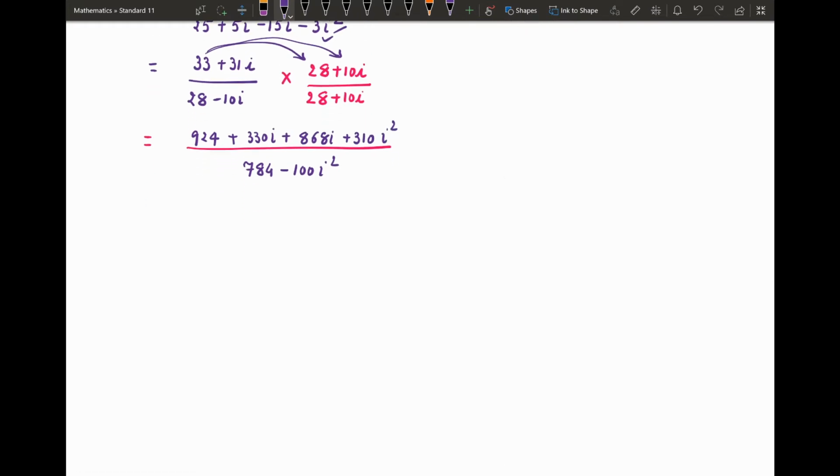Now i square is minus 1, so 924 minus 310, i square is minus 1.